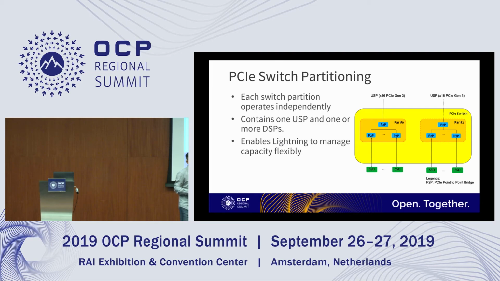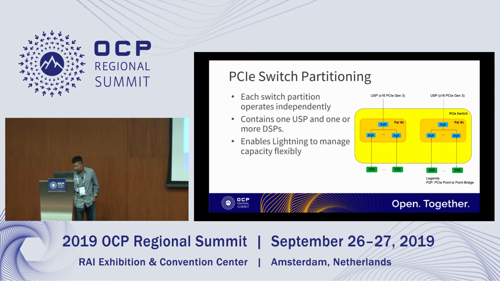It complies with the PCIe spec. And you can create one upstream port for any of the partitions, and then multiple downstream ports belong to that same partition, right? And this is how we actually manage the pool of flash in Lightning to be able to assign them freely to different head nodes.